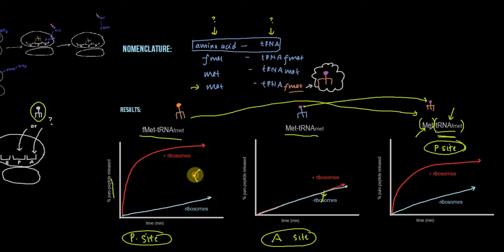Because these two look the most similar, and the thing that's the same between these two is the tRNA, we conclude that it is the tRNA that controls, or that is important to get that fMet-tRNAmet to go to the P site. All right, and the difference in release is due to that. The difference in release between these two indicates that it is to do with the tRNA.